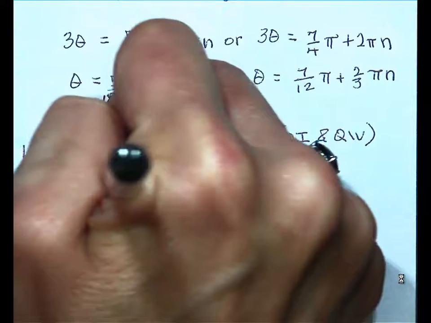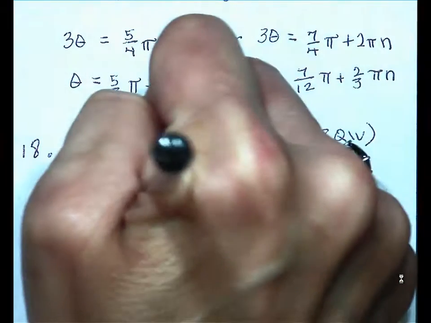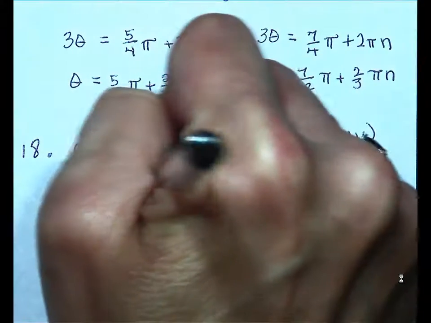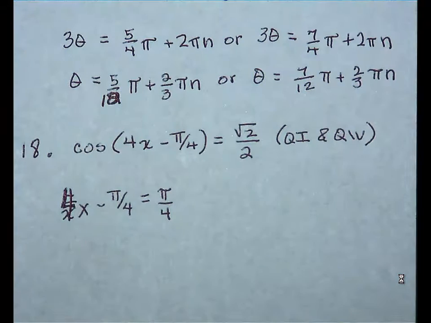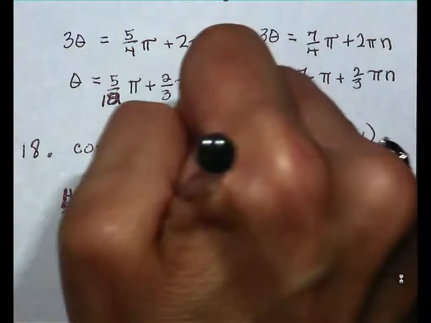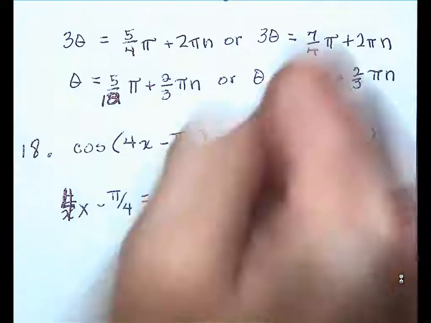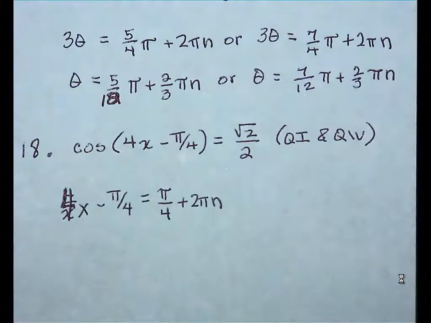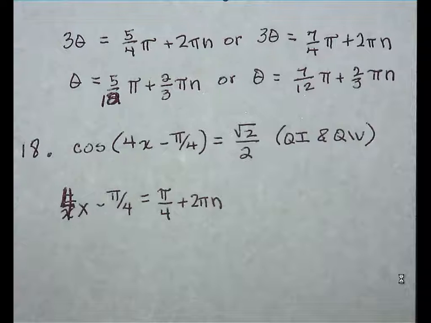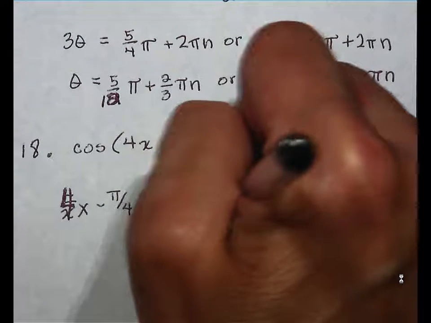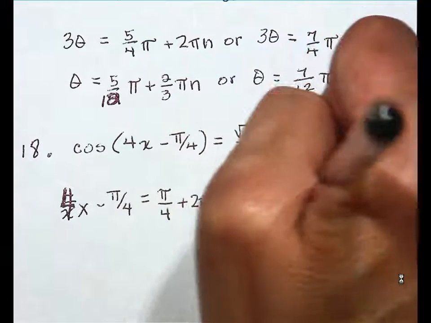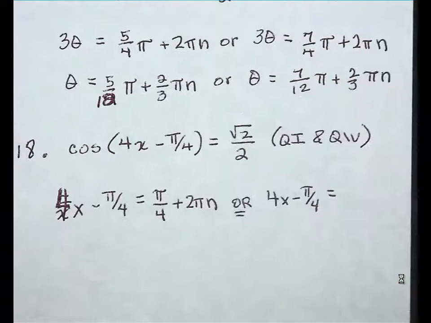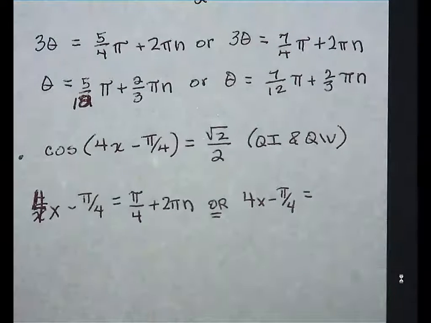4x minus pi over 4 equals pi over 4, and all of its coterminal angles. Or 4x minus pi over 4 equals, what is the fourth quadrant quarter pi angle?